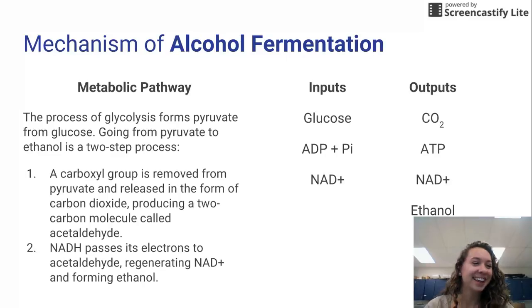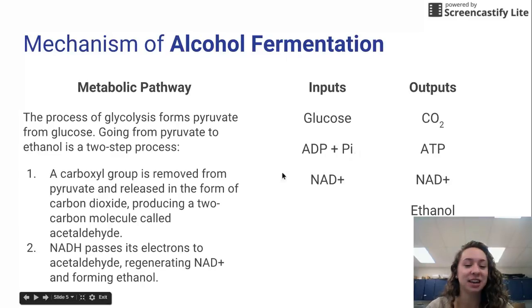In the second step, NADH passes its electrons to acetaldehyde, regenerating NAD+ and forming ethanol. So the inputs are glucose, ADP, a phosphate group, and NAD+, and the outputs are carbon dioxide, ATP, NAD+, and ethanol.